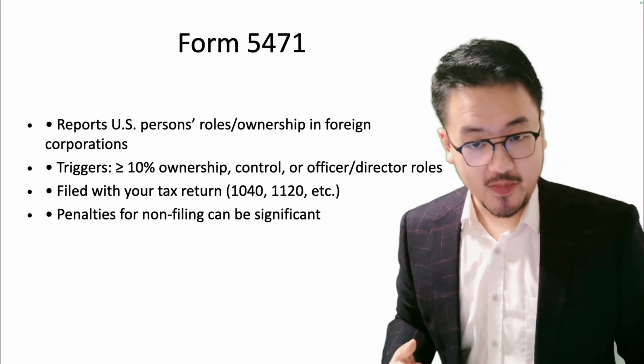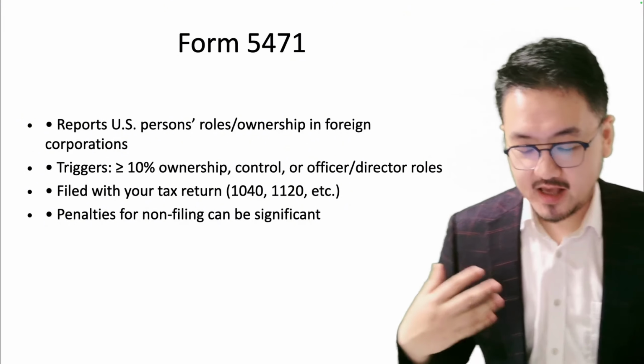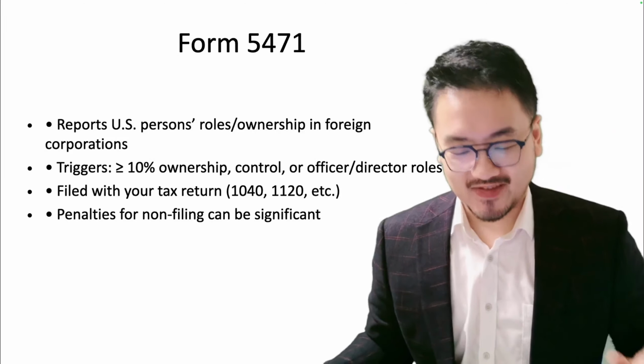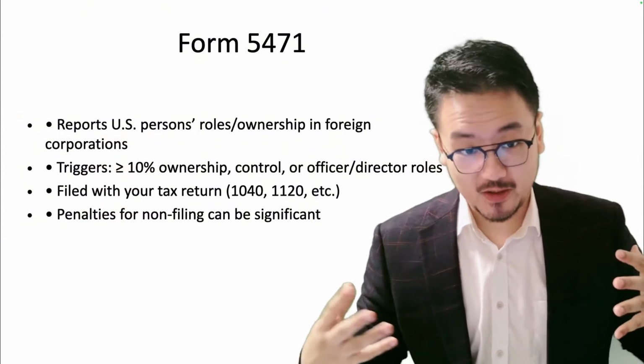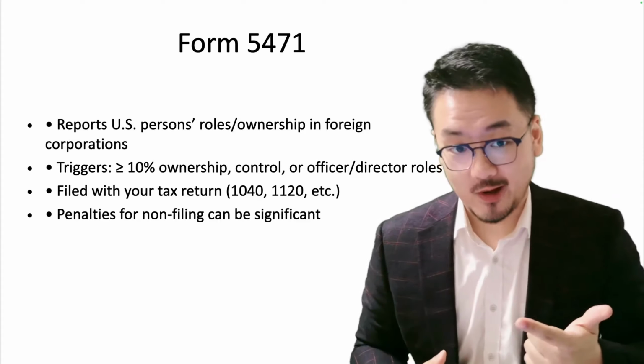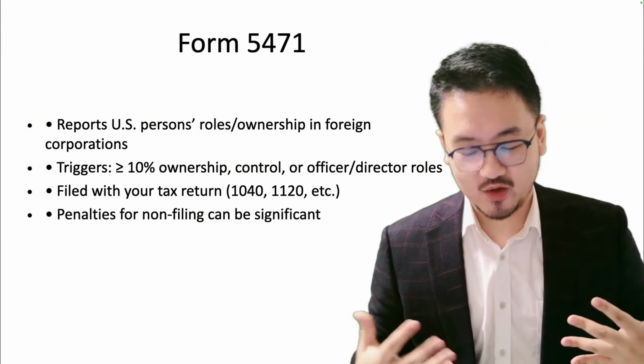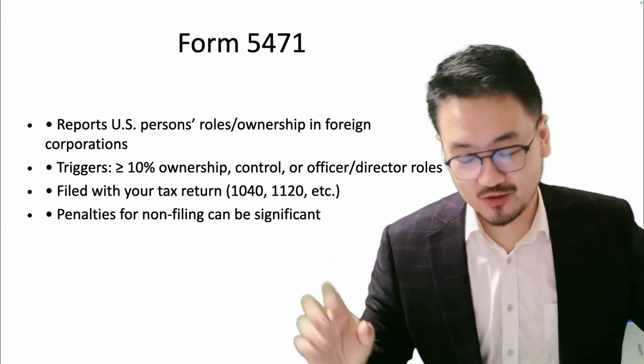If you reach a certain trigger, you're triggered to file this information return form. Basically, it's if you own 10% or more, and there's a little bit of nuance here: by value or by voting right. Voting right is something a lot of people omit, a gotcha.